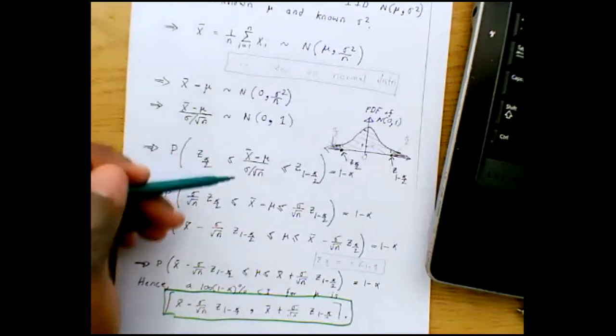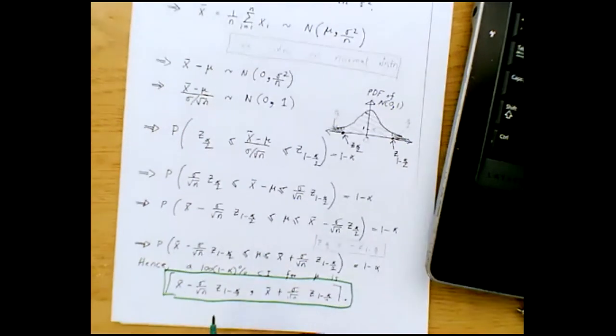If you follow these steps, then finally you will come to this statement: the probability that mu, the population mean, is between these two is equal to 1 minus alpha. So hence, the 100 times 1 minus alpha percent confidence interval for mu is this interval. This is the lower limit and this is the upper limit.